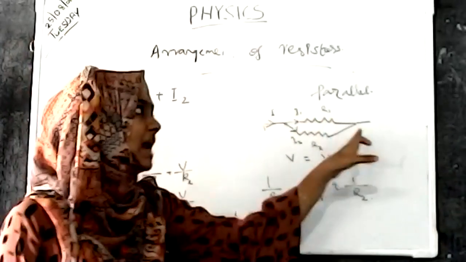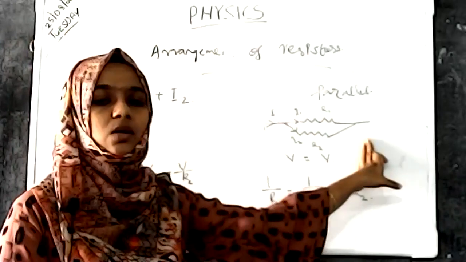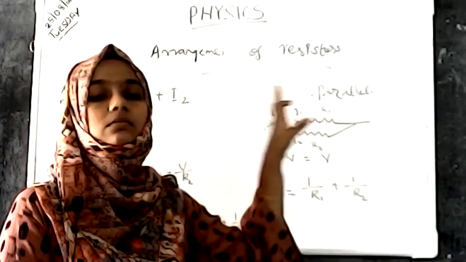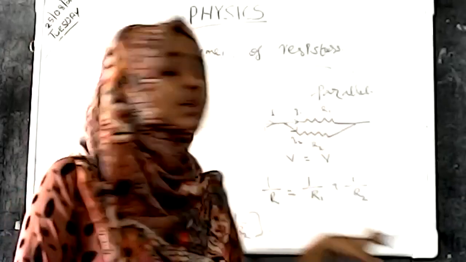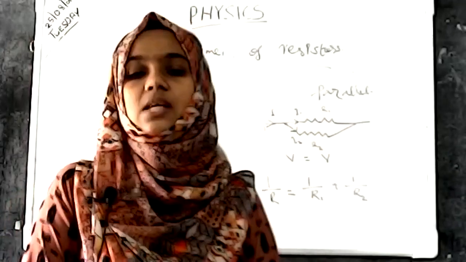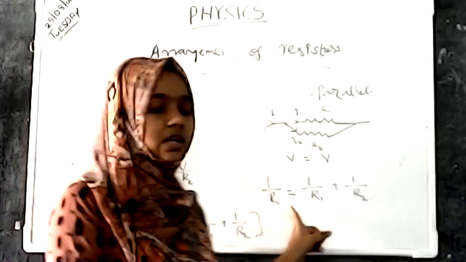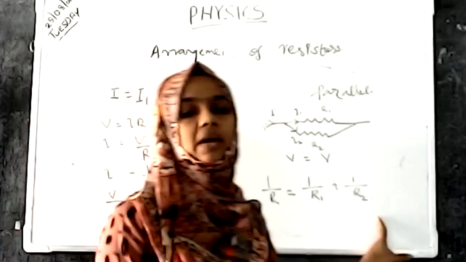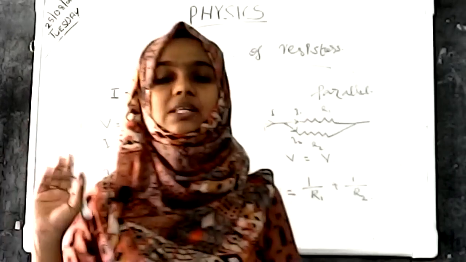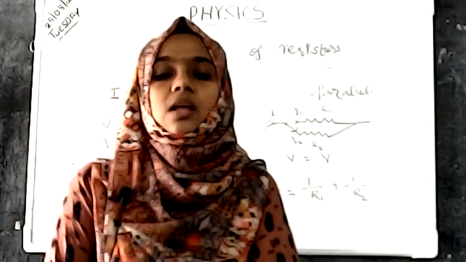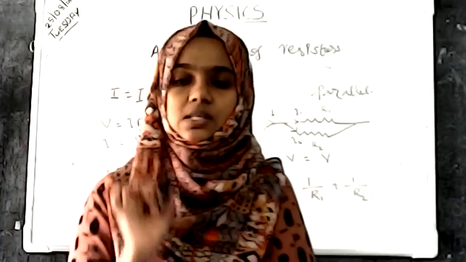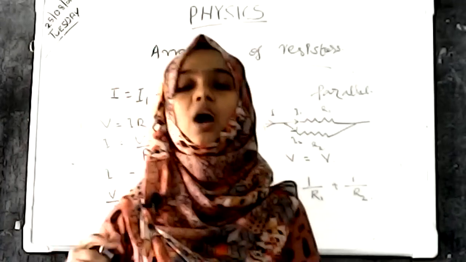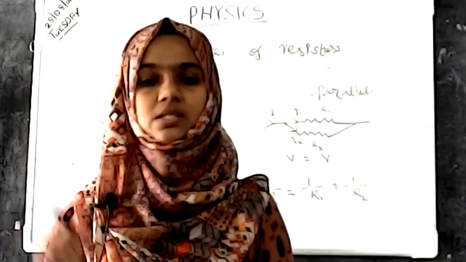So for resistors connected in parallel in a circuit, the effective resistance is 1 by R is equal to 1 by R1 plus 1 by R2. And as we discussed in the series connection, when all of the resistors connected in parallel have the same resistance, how do we get the effective resistance?